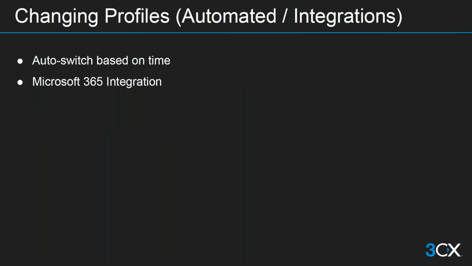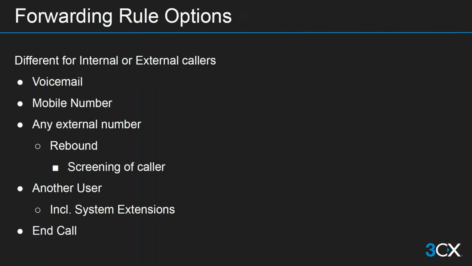Changing profiles, automated integrations can be done via auto switch based on time or Microsoft 365. If there's Microsoft 365 integration, it should generally change you to do not disturb if you have, for example, a Teams meeting. Then forwarding rule options are different for internal and external callers.